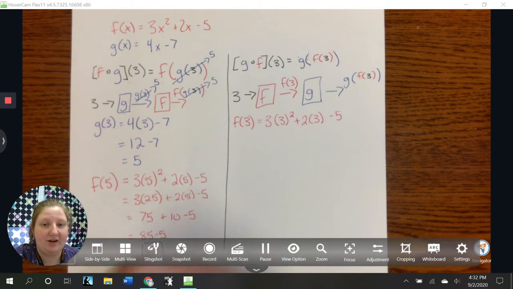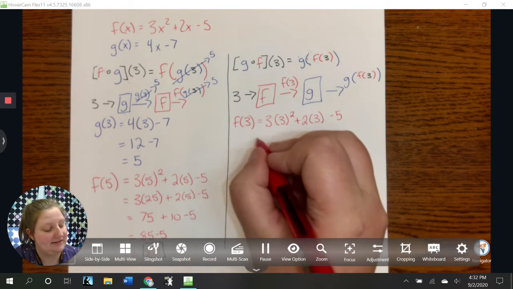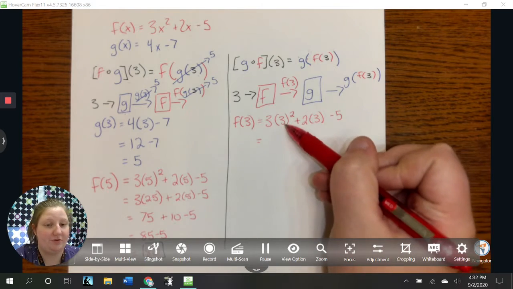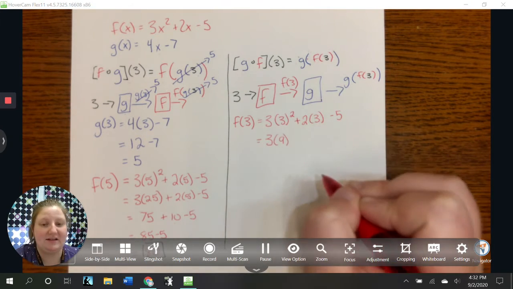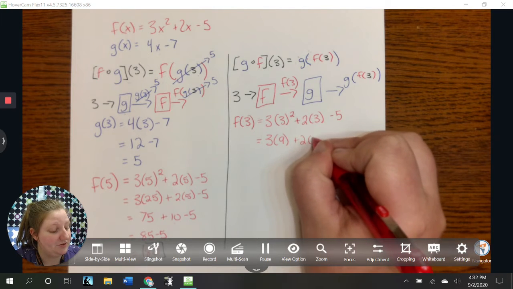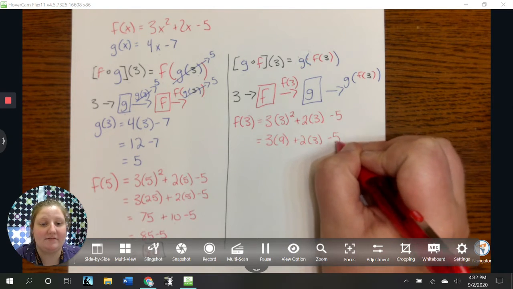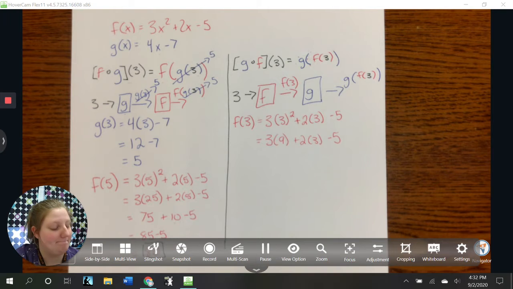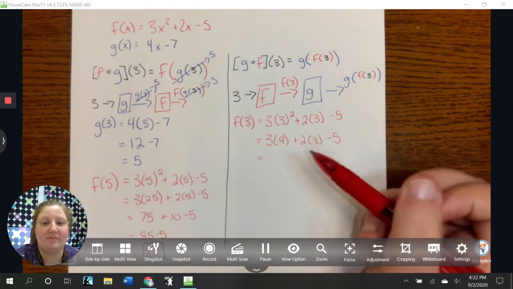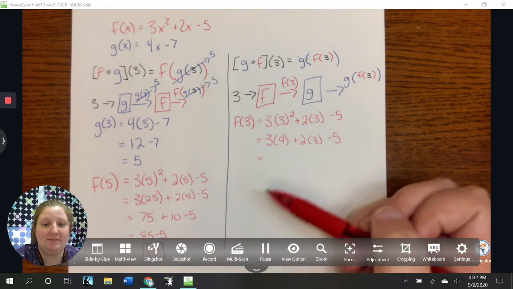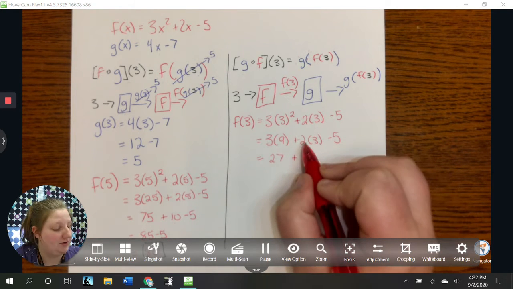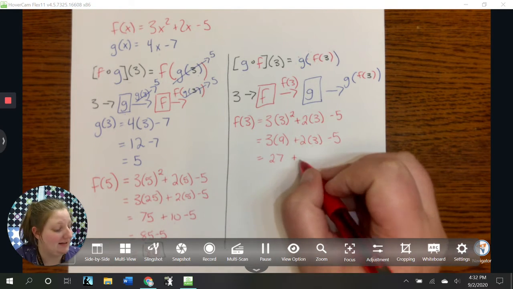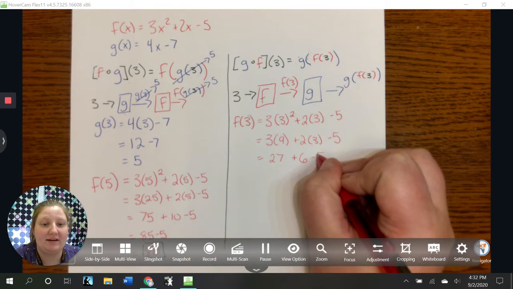Then we're going to go through and simplify this. So 3 squared is 9. So we get 3 times 9 plus 2 times 3 minus 5. Then 3 times 9 is 27, plus 2 times 3 is 6, minus 5.